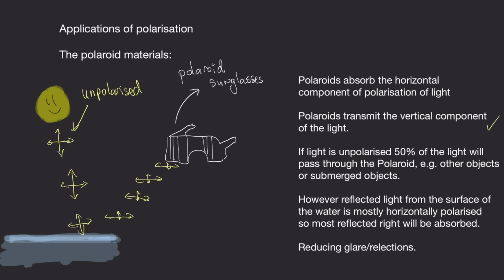So most of the reflections will be absorbed by the Polaroid, and that's going to reduce glare and reflections.